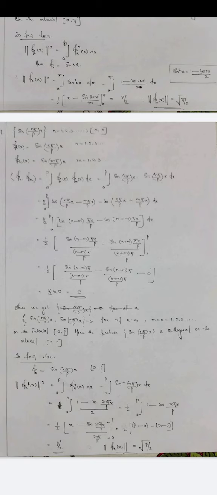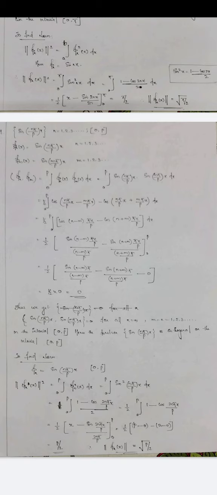So to find the norm, the norm of φn(x) squared is equal to the integral from 0 to p of φn squared dx. Substituting φn, we get the integral from 0 to p of sin squared(nπx/p) dx. We know that sin squared x is equal to (1 minus cos 2x) divided by 2. Hence, substituting, we get the integral from 0 to p of (1 minus cos(2nπx/p)) divided by 2.